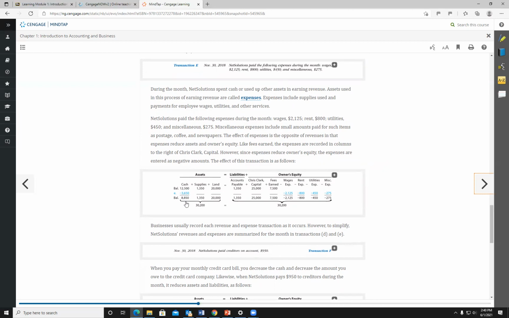So we've decreased our assets by $3,650, but we have to balance that equation. It's not a liability. We did not create debt with this. We are paying expenses. So just like how revenue increases owner's equity, expenses do the opposite. They decrease owner's equity. So we've had to come over here and decrease our owner's equity by all the amounts of those different expenses, thus balancing our accounting equation.